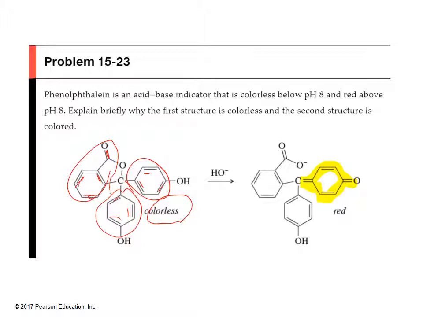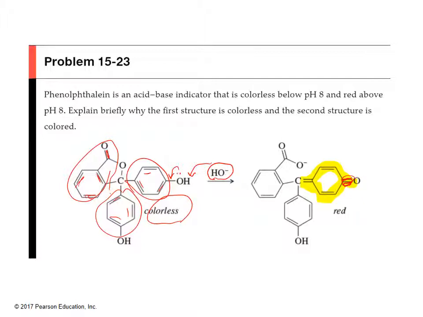If we put this thing into basic conditions, so we're in basic conditions, it's going to take that hydrogen away right there. Okay, so the hydrogen that was right here is gone. That put a pair of electrons right here, and those electrons came down to here. So now I've got a double bond right here. Okay, check out your conjugation.